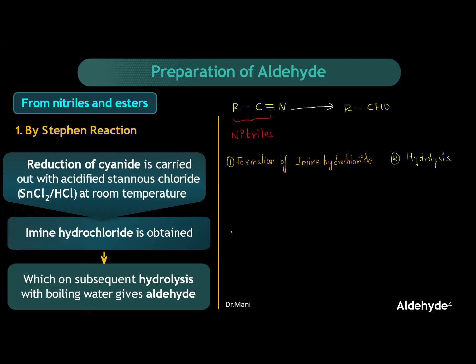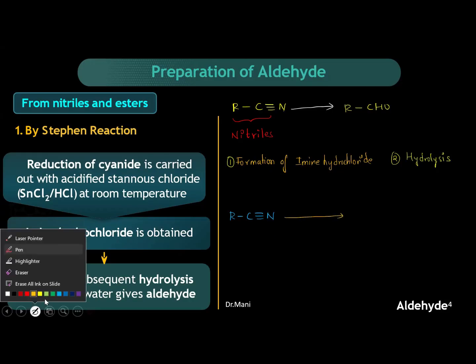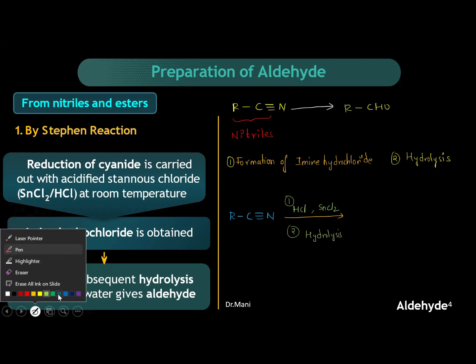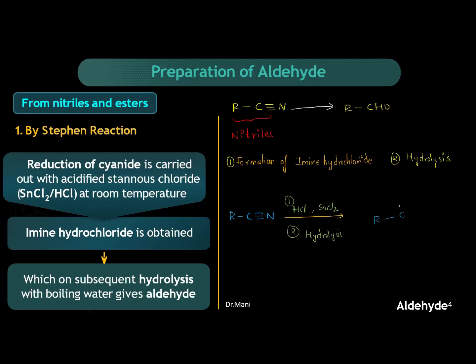You take a nitrile, R, C, triple bond N, in the presence of acidified stannous chloride. That is what the first step takes place. The second step is hydrolysis, and that finally gives the aldehydes. Understood?